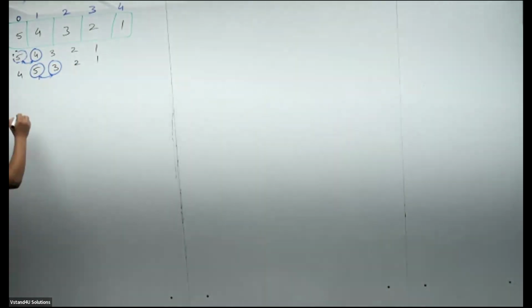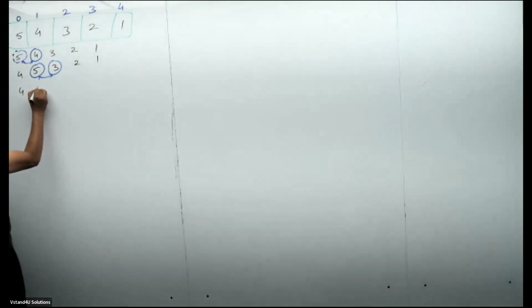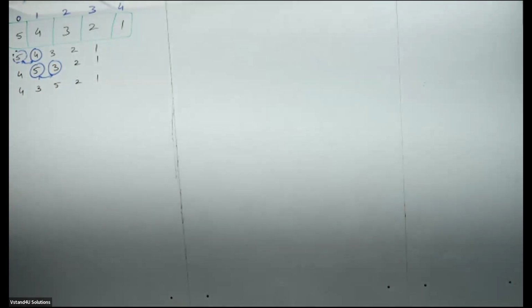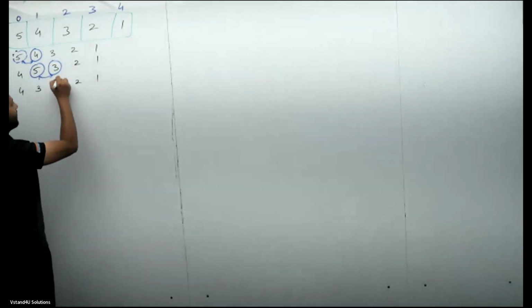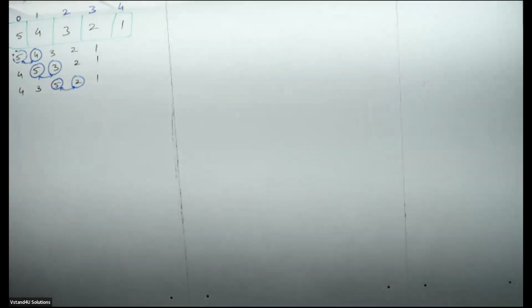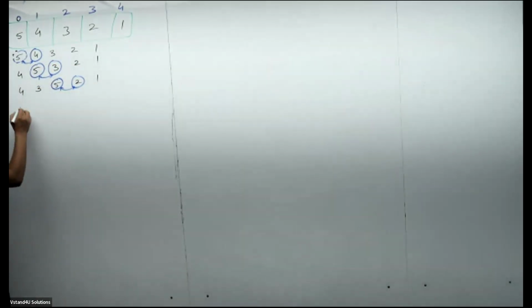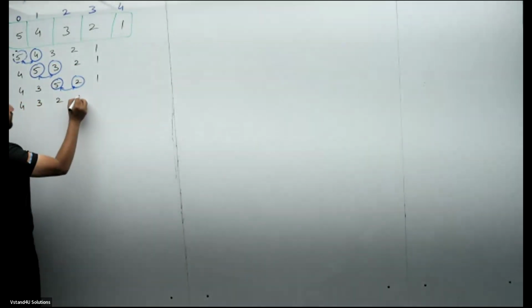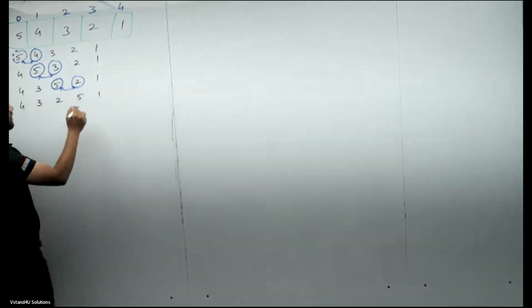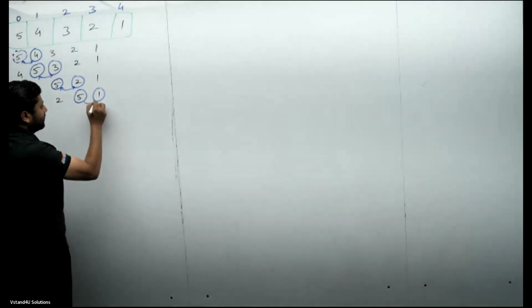Pakka. So 4, 3, 5, 2, 1. Now comparison will happen between 5 and 2. Again, swap it. In that case, 4, 3, 2, 5, 1. Now comparison will happen between 5 and 1.